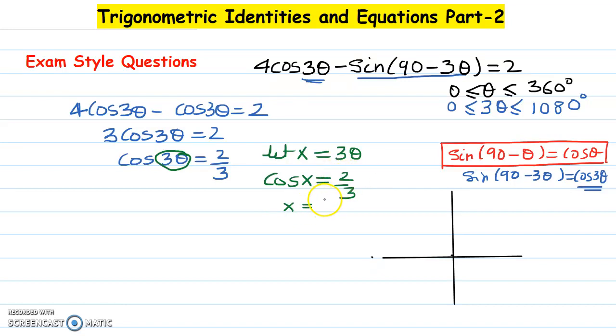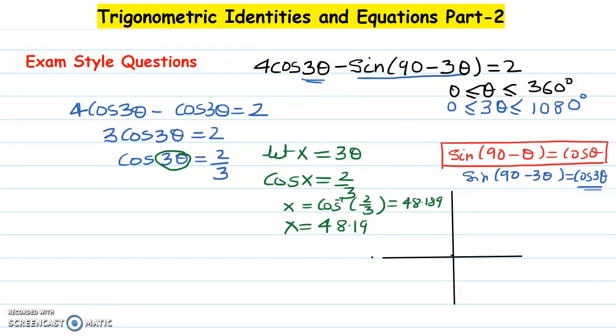Pick up your calculator, press the shift button and type cos inverse 2 over 3. We get 48.189. Let's round it off and we can write 48.19. So capital X is 48.19.